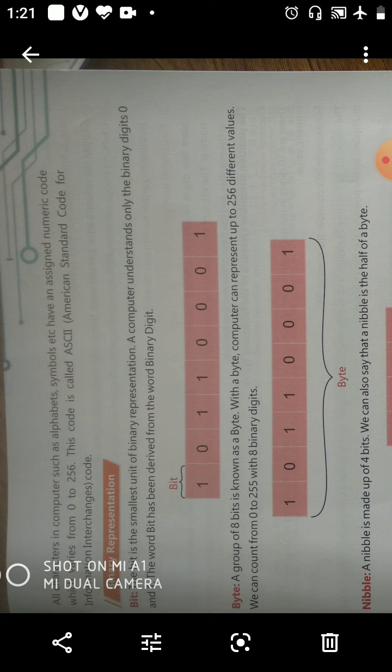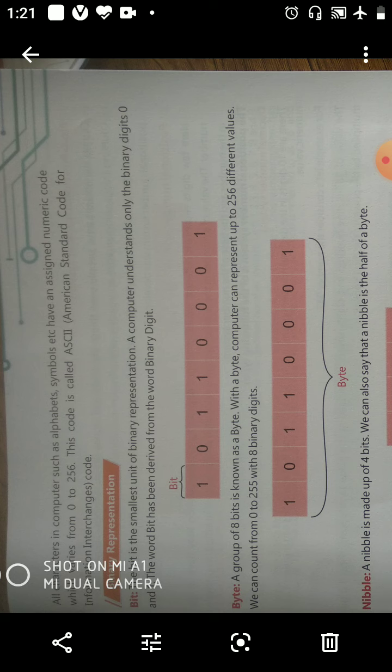In addition to this, computer also uses the ASCII code, that is American Standard Code for Information Interchange, a standardized code to represent alphabets and symbols, and this ASCII code varies from 0 to 256. In between these numbers, ASCII codes are assigned for every alphabet and symbol. Okay, this is just an introduction.